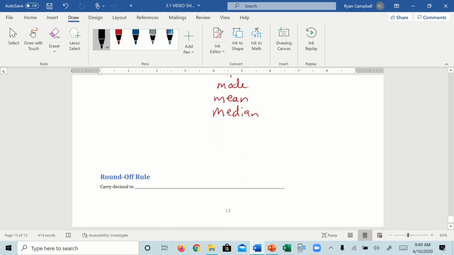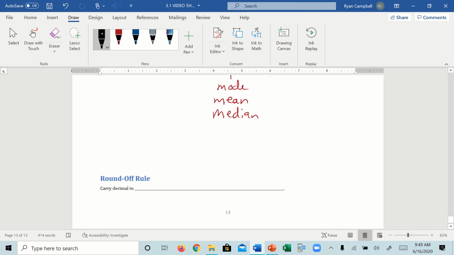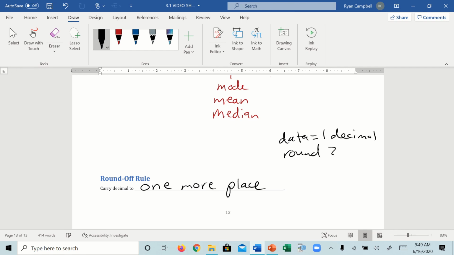All right. So you also don't necessarily need to know this. Most of our homework just will ask you or tell you what to round to, but as a general rule, we always want to round to one more decimal place than the data. So if all the data has 1 decimal, we need to round to 2 decimals, right?